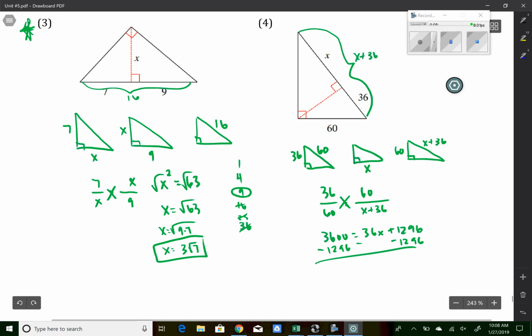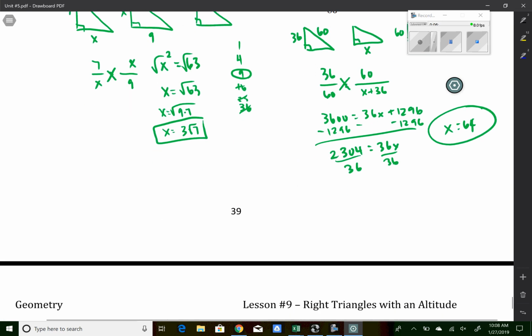So if I do 3,600 minus 1,296, I get 2,304 is equal to 36x. Divide that by 36, and I get x equals 64. All right, hopefully that helped.